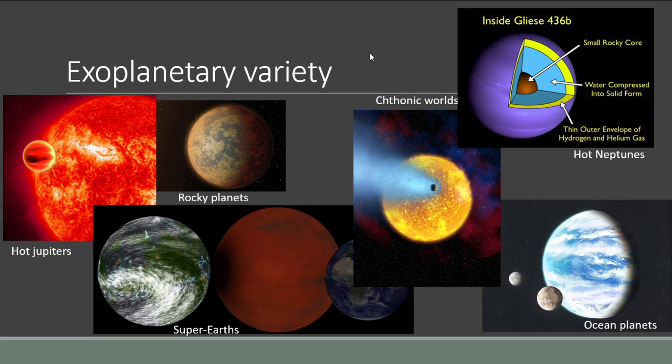Actually, interiors are under high pressure, and we have inside ice of a very special kind, which even we cannot reproduce in our laboratories. We cannot obtain such high pressure in the laboratory. We have peculiar chthonic worlds, evaporating planets, which are too nearby to their host stars, so their atmospheres are evaporating under the action of strong flux of radiation from the star.